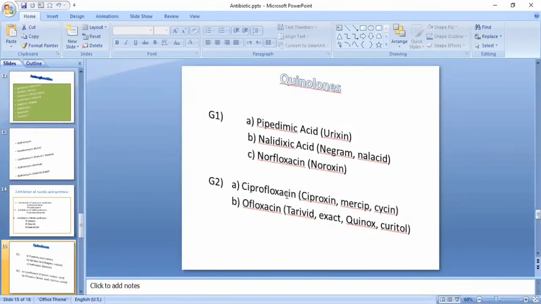Ciprofloxacin, Ciproxin, and Marsepacicin are the trade names. Another drug is ofloxacin, still available in the markets with the name of Tarivid. So generation 2 contains ciprofloxacin and ofloxacin.